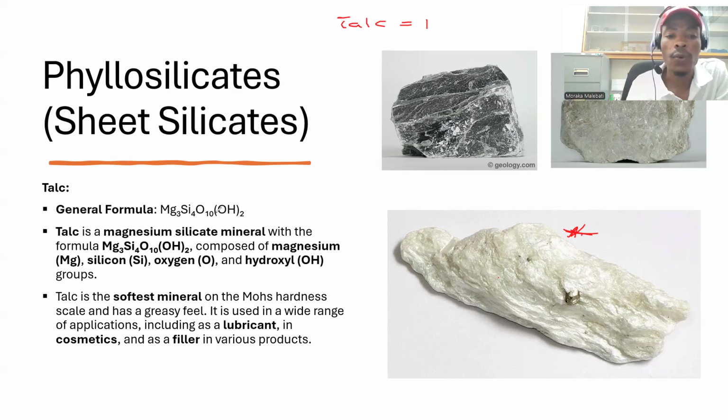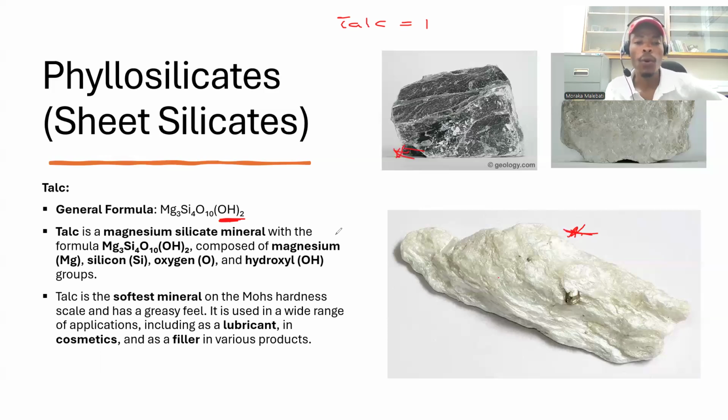Talc is also hydrous, and is a magnesium silicate mineral composed of magnesium, silicon, oxygen, and hydroxyl groups. Talc is the softest mineral on the Mohs hardness scale and has a greasy feel.